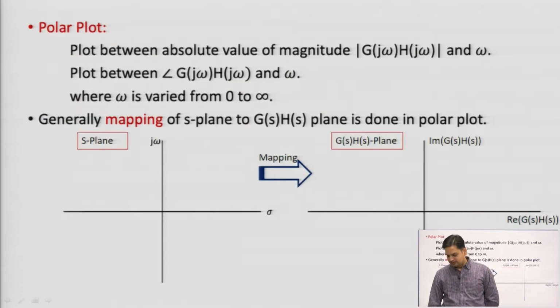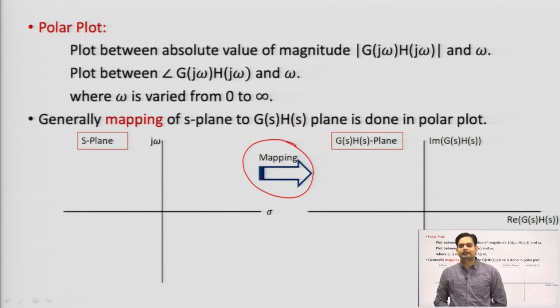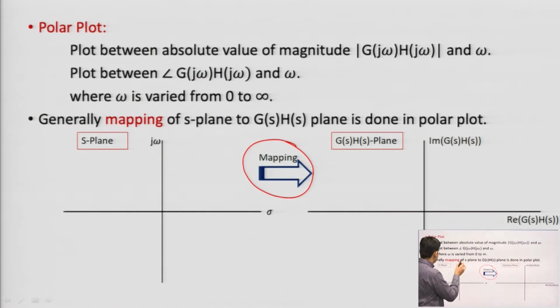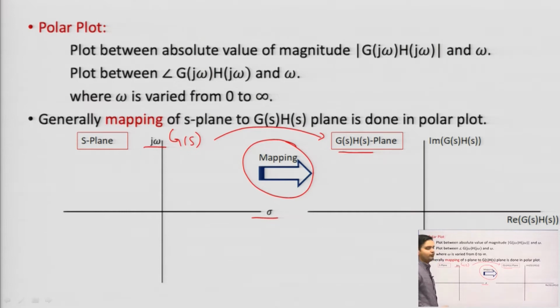Basically what we are doing in the polar plot is mapping the S plane into the G(s)H(s) plane. Here the concept of mapping comes into the picture, which will help us with the Nyquist plot. Whatever open loop transfer function G(s) is given, we need to convert it into the G(s)H(s) plane. In the S plane I am plotting the real value on the x axis and the imaginary value on the y axis.